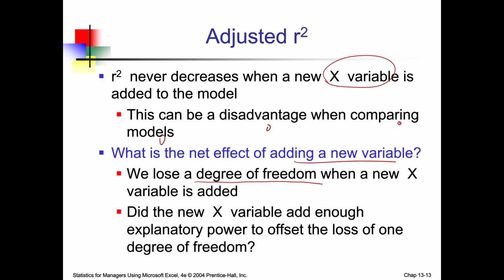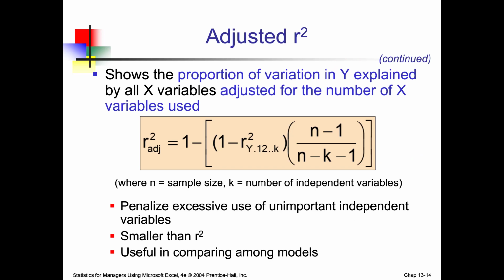So what the mathematicians did was introduce a new term called adjusted R squared. We are also considering the sample size and the number of independent variables being used in our regression model.